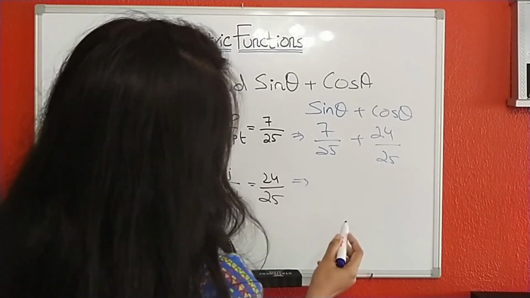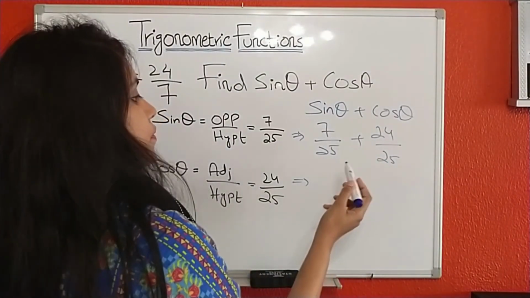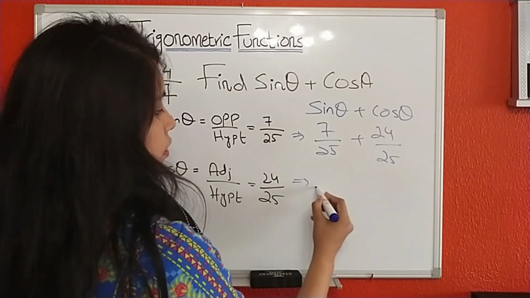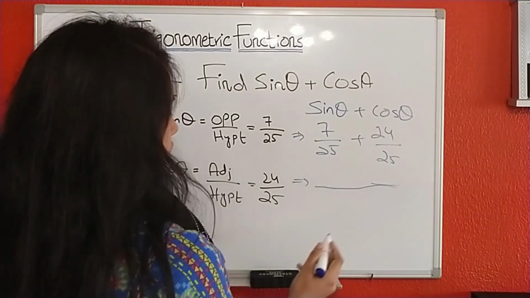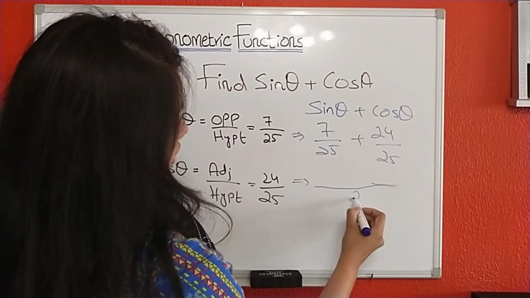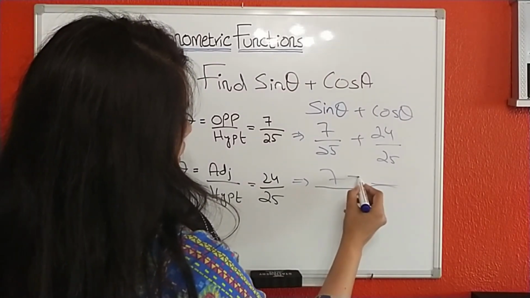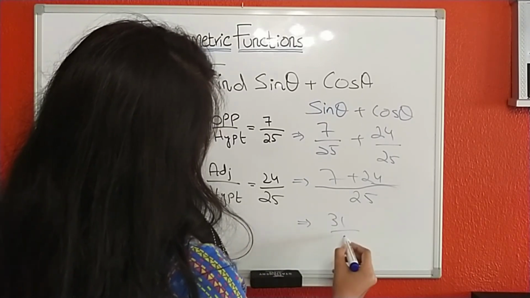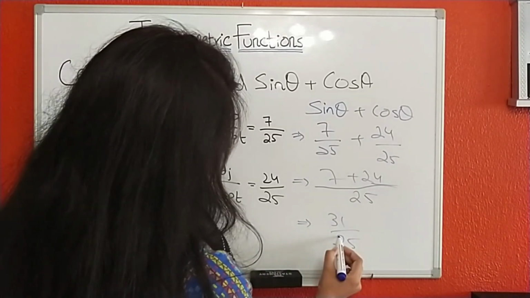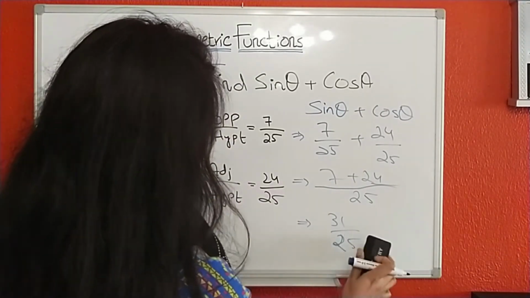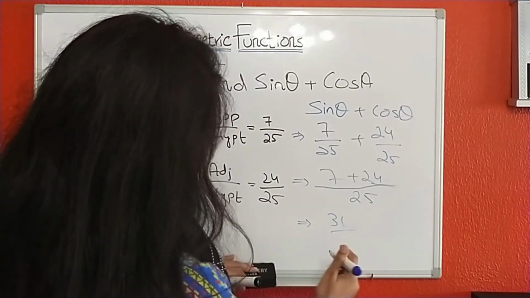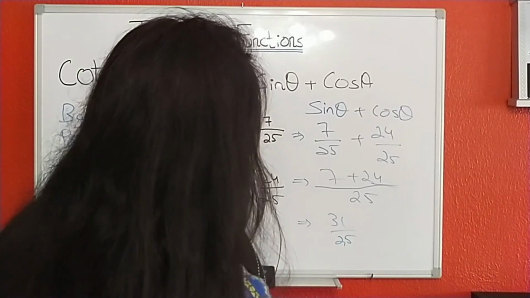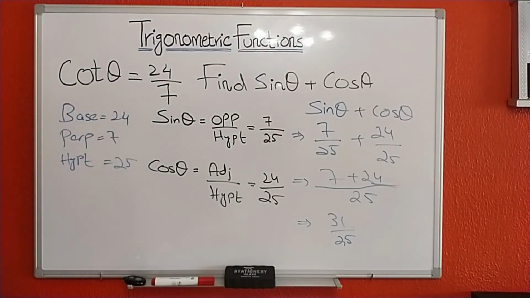As both are in fraction form, I am taking LCM 25, 7 plus 24. So 7 plus 24 is 31 over 25. So our answer is 31 over 25. So this is the last question of our today's topic.